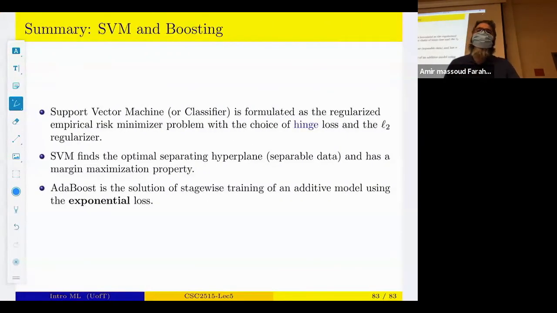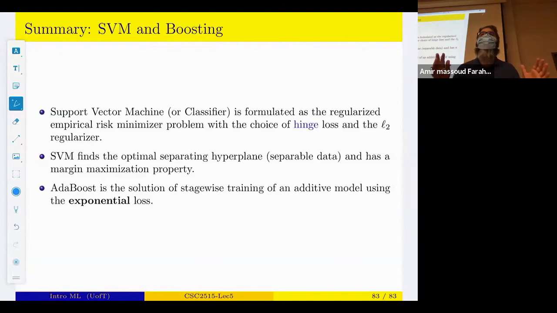Okay, then a summary of this whole lecture on support vector machines, boosting, and kernel machines. We saw support vector machines, starting from a geometric perspective, and then we derived a loss. We talked about the margin maximization formulation, which is the geometric interpretation.